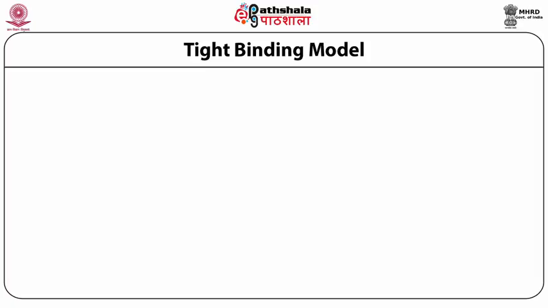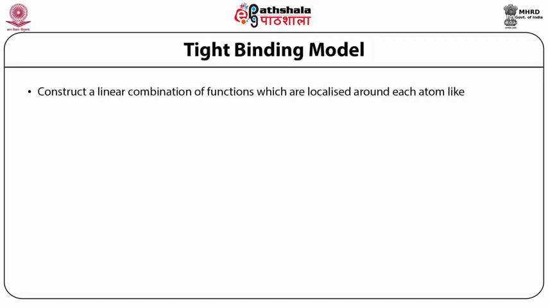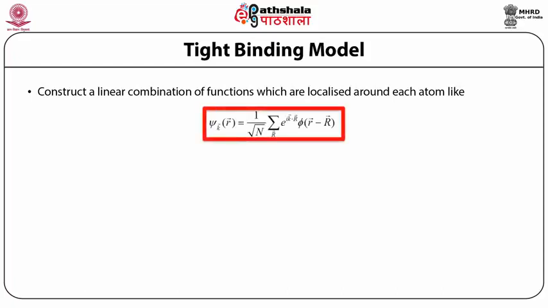Due to translational symmetry, however, no one atom is preferred over the others, and Bloch's theorem must be obeyed. We construct a linear combination of functions which are localized around each atom in the following way. Let us take this wave function ξ_k as a function of r, which is equal to 1 by root N summation over all the vectors R, e raised to power i k dot R, multiplied by the function φ(r − R).